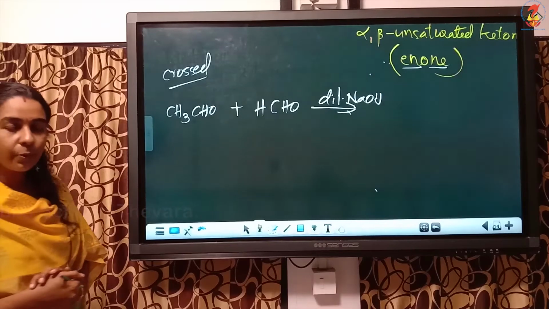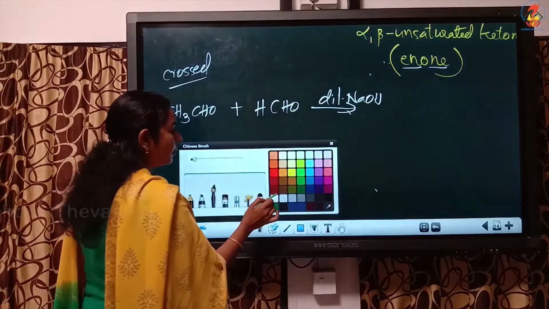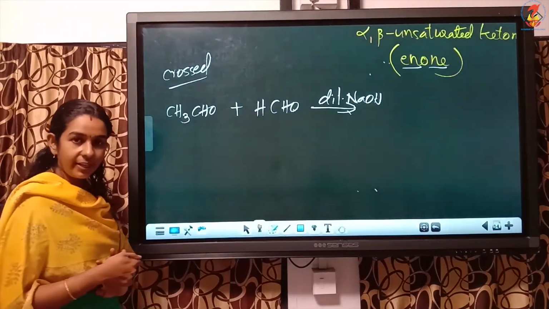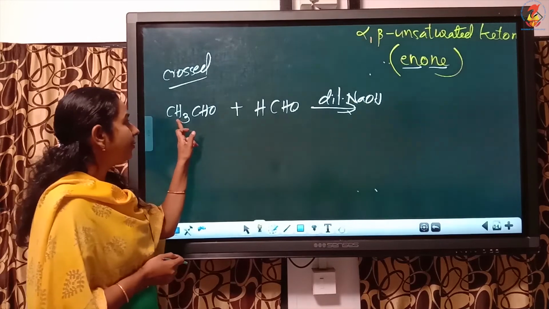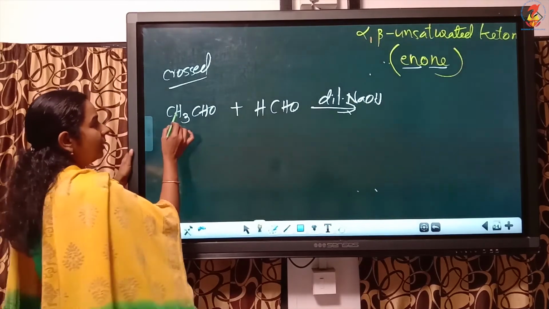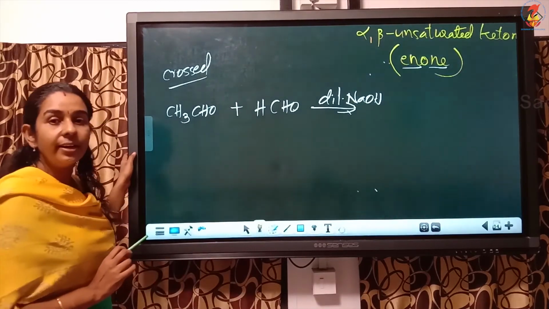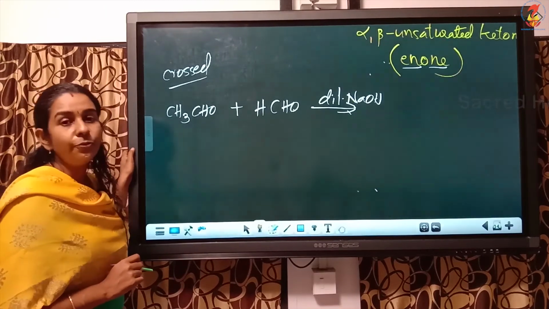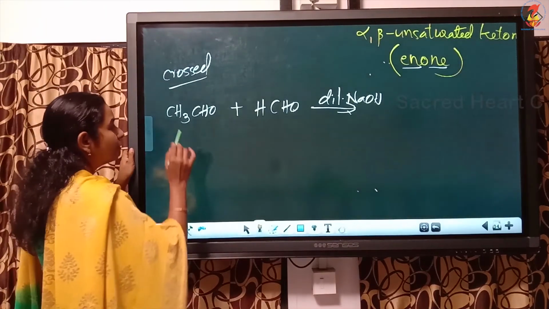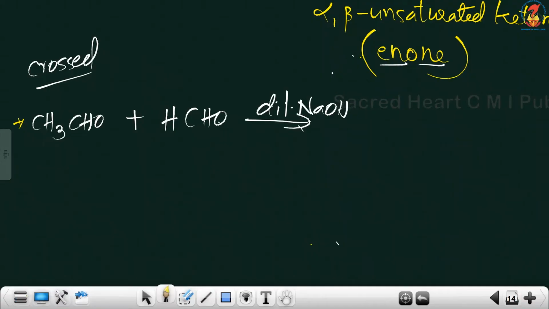How can we write the product? Here it is a crossed aldol condensation, but here we have alpha hydrogen, but here formaldehyde does not possess alpha hydrogen, isn't it? So the first possibility, I am marking the carbonyl carbon here.